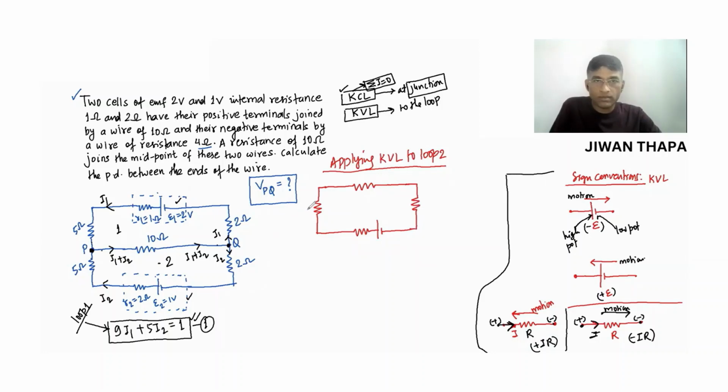So we have this 5 ohm, this is 10 ohm, 2 ohm, this is P, this is Q, R2 equals 2 ohm, E2 equals 1 volt. So in this part, we have I1 plus I2. Keep this in mind. Let me draw it this way.